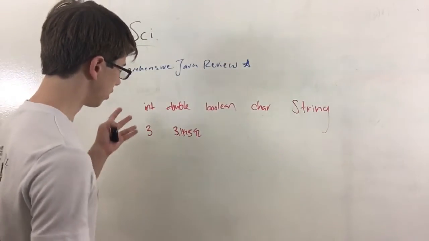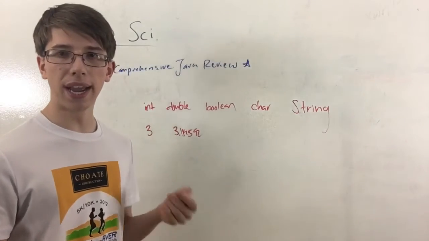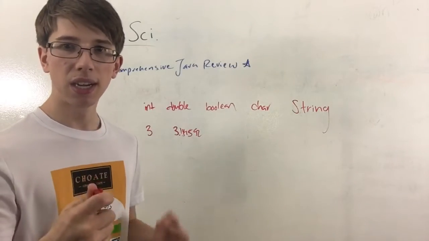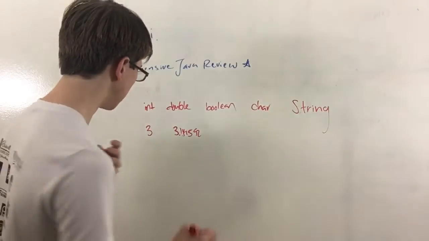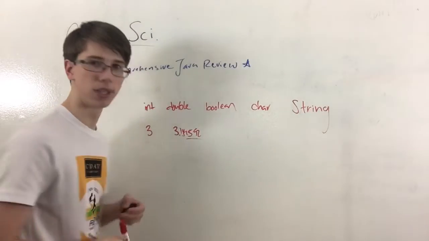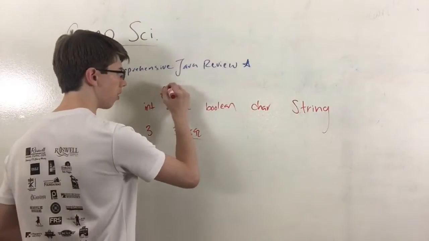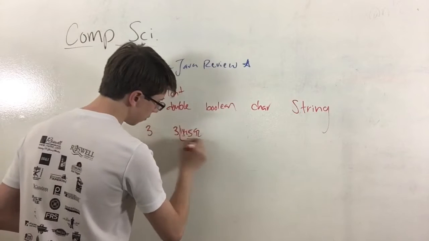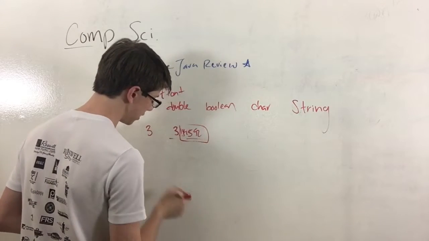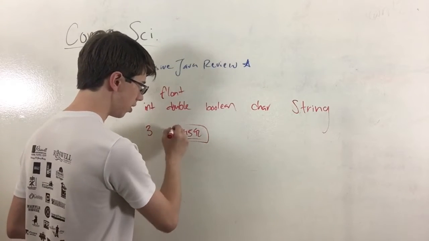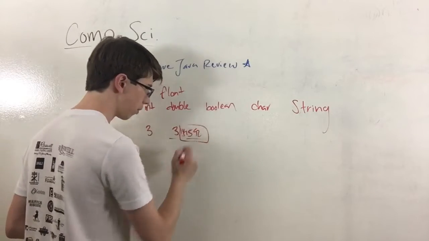A double is basically just a more specific number, and it can store decimal values. This is similar to what we call a float, the floating point value, versus the integer value.